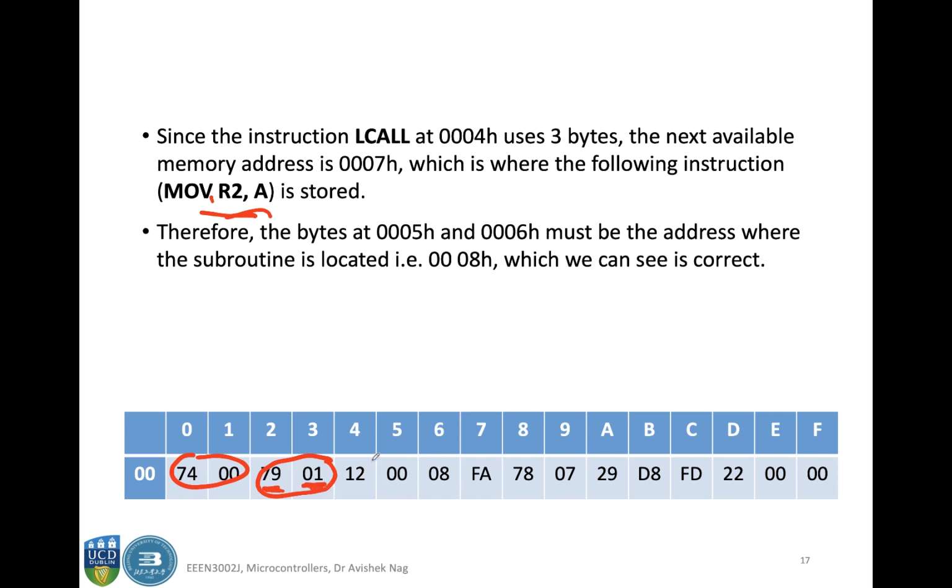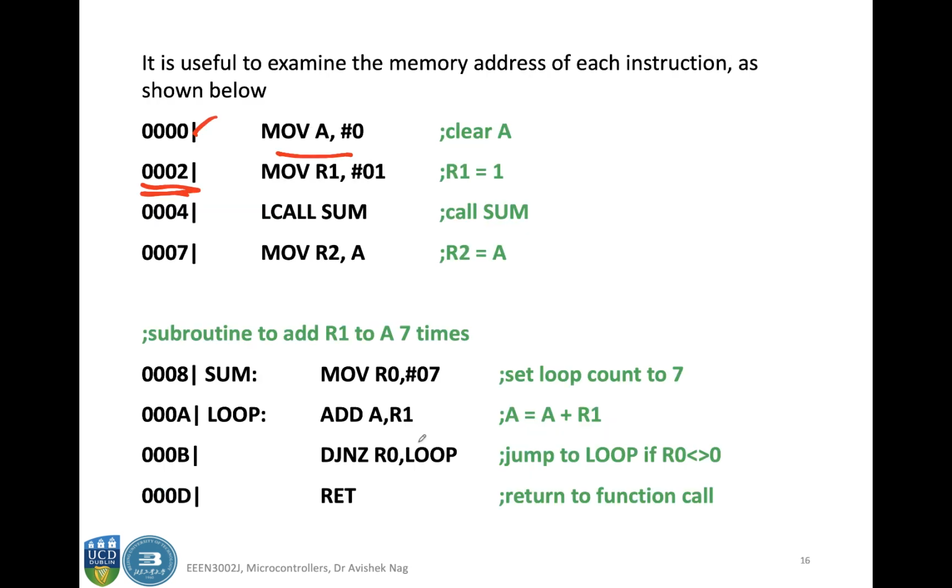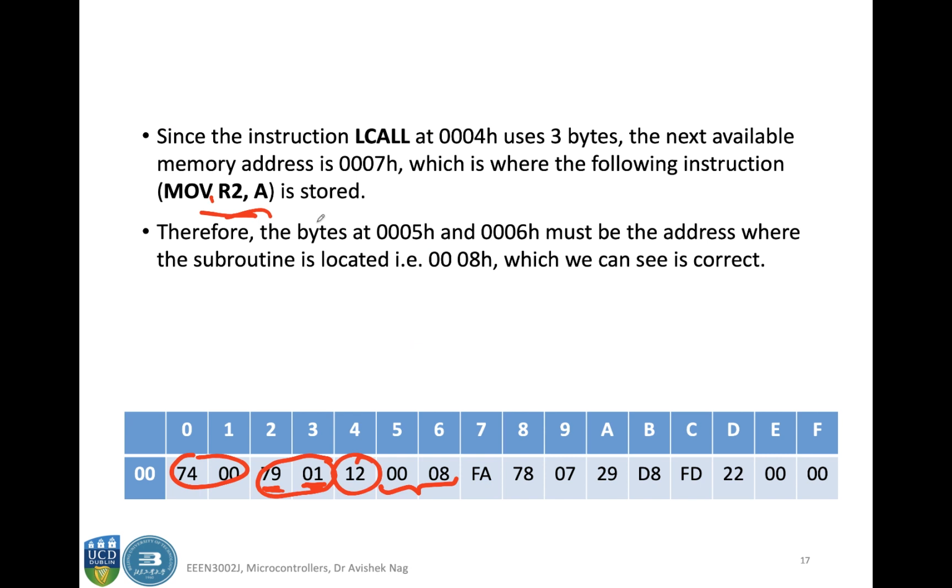And then comes your LCALL, which has an opcode of 12, and then the next 2 bytes are the subroutine address. So here is the subroutine address, the starting address of the subroutine. That is denoted by the 2 bytes just after LCALL.